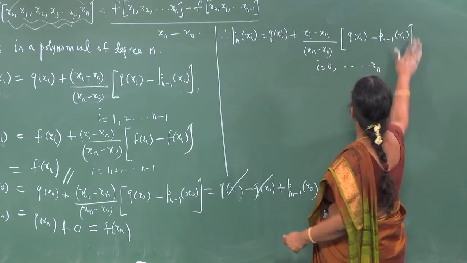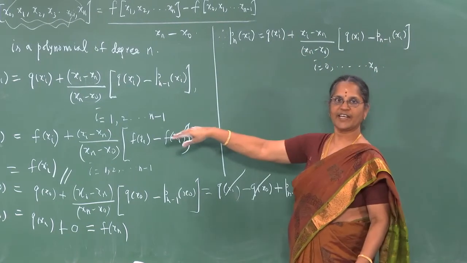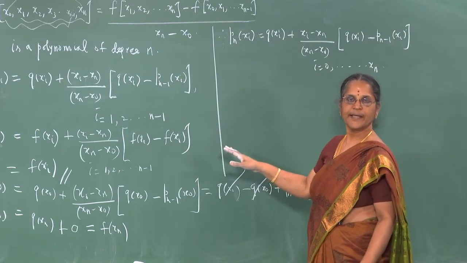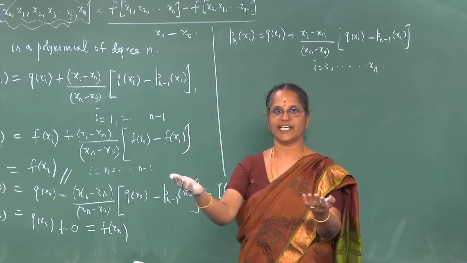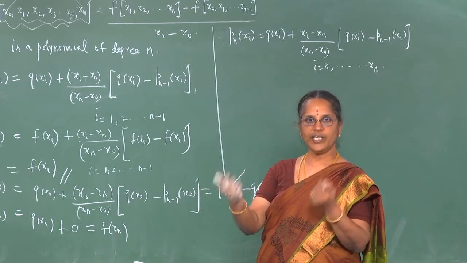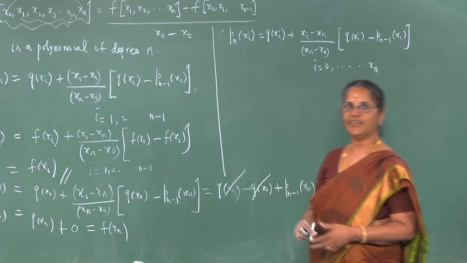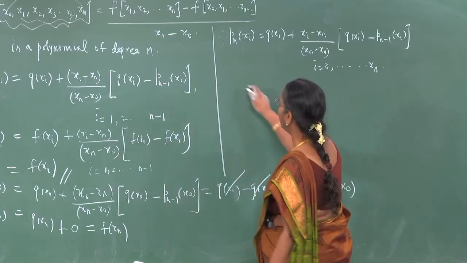Right hand side is also a polynomial of degree n that interpolates the function f of x at the discrete points x0 etc. xn, and therefore these two polynomials must be identical, because there is a unique interpolating polynomial that interpolates the function at a set of discrete points. So, these two polynomials must be identical.